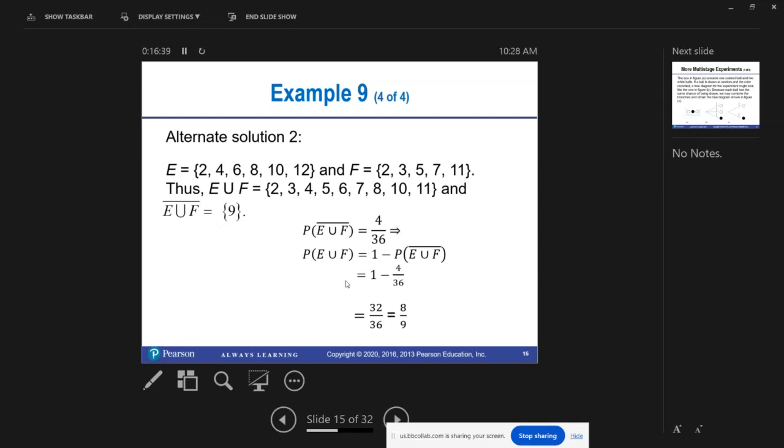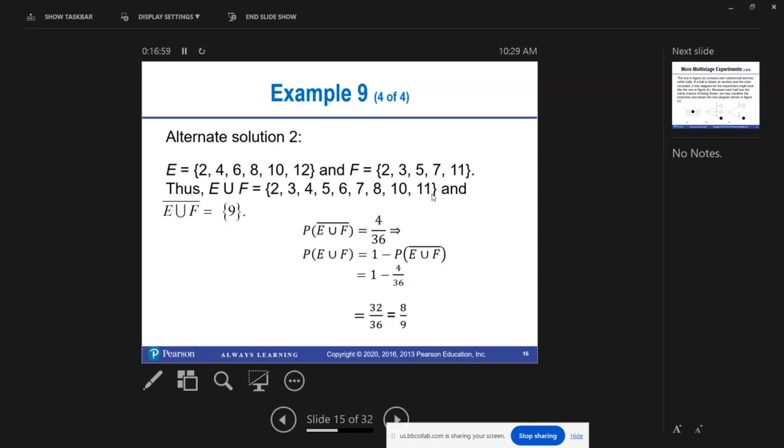Okay, another option for solving that same problem would be to look at our sample space for E and our sample space for F. So when I put E and F together, here's what I have. So between, and actually that should also include a 12.